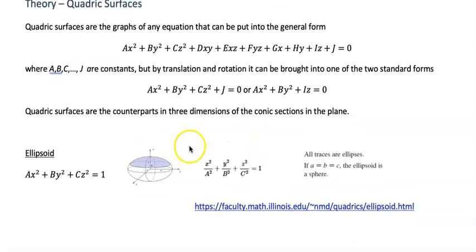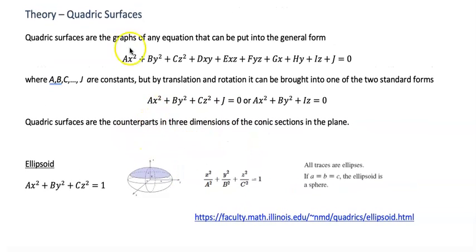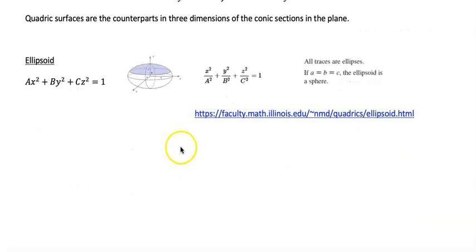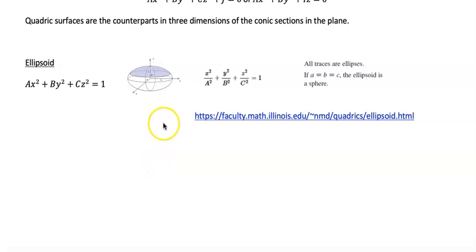So let's look at our first example. There are 6 different types of quadric surfaces, and let's look at each example. So we've got our ellipsoid. An ellipsoid is a 3-dimensional surface because while it looks like it might be some solid figure, it is not solid in the middle. It's some surface in the 3-dimensional coordinate system for which all traces are ellipses.